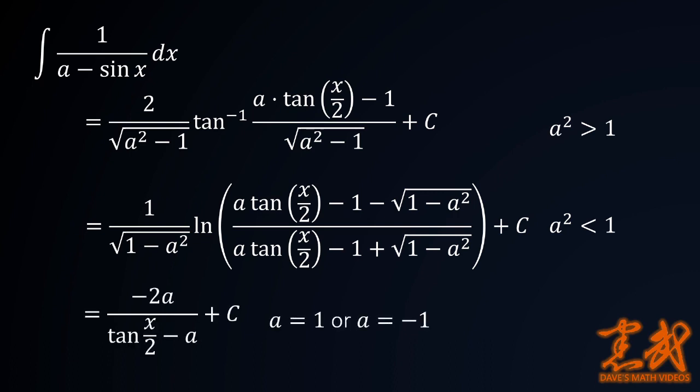And if a is equal to exactly 1 or negative 1, then the solution to this integral is negative 2 times a over the tangent of x over 2 minus a, plus, of course, the constant of integration c.